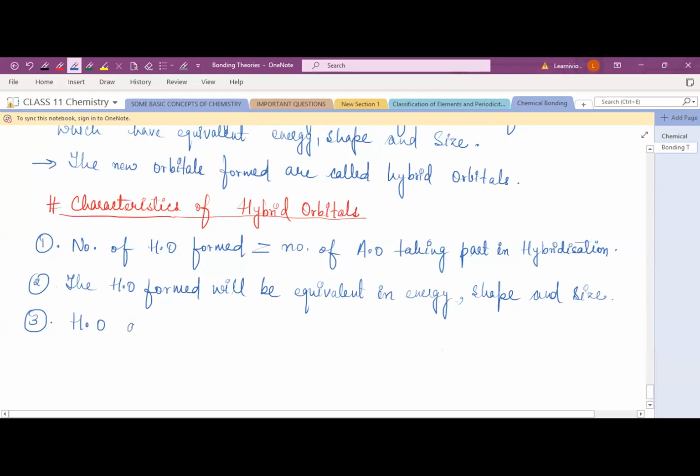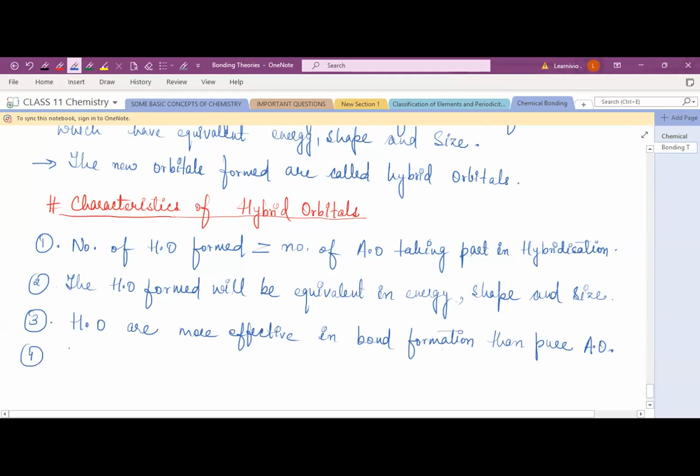And one more point: hybrid orbitals are more effective in bond formation as compared to pure atomic orbitals.